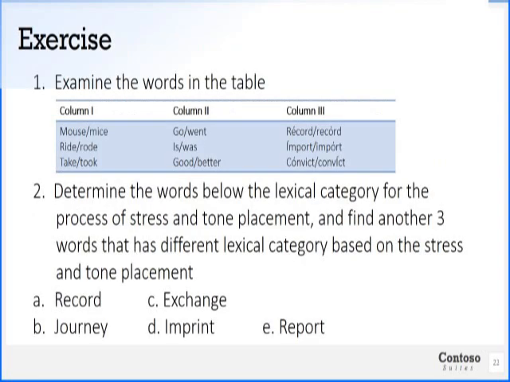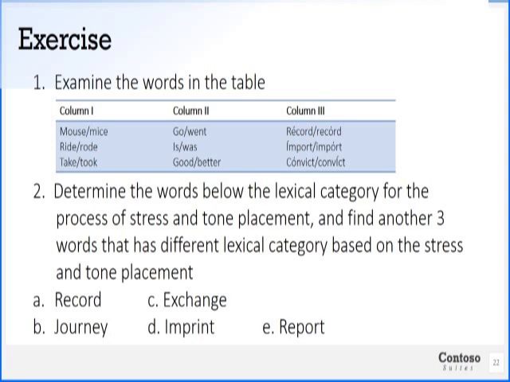Okay, what is the exercise here? Take a look at here. I have provided some words. You have to examine. For number one: mouse, mice, ride, rode, take, took, and then the next is go, went, is, was, good, better, and then the next record and record, import and import, config and config.